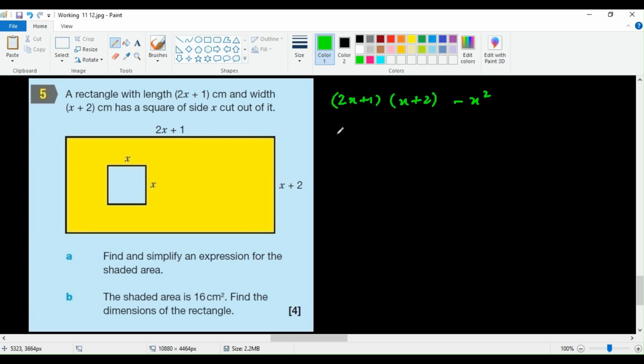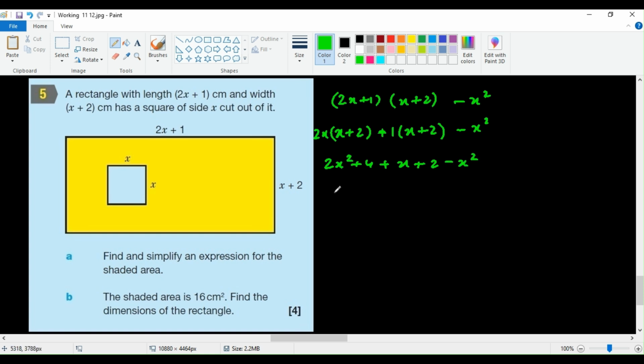Now this is going to give us, I will write x plus 2 two different times, and I will multiply first by 2x and then second by plus 1. So this is going to give us 2x squared plus 4x plus x plus 2 minus x squared.